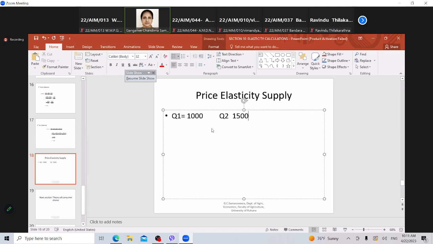1,500. Let's say quantity supplied. Initial price is, let's say, 10, and P2 should be just a guess. This is quantity supplied. Quantity is increased. I am using hypothetical values to see price elasticity of supply, not demand.